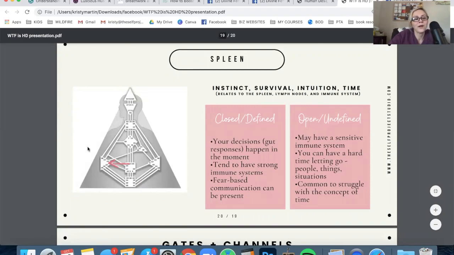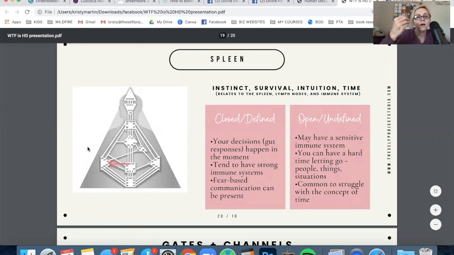This is where those hormones kicked in, that gut instinct of something's off, and they were very tuned into their intuition because that kept them alive. They knew they had to get out of there. Over time, we're not in those life-threatening situations anymore, but we still have the spleen in there, which is all about doing that.